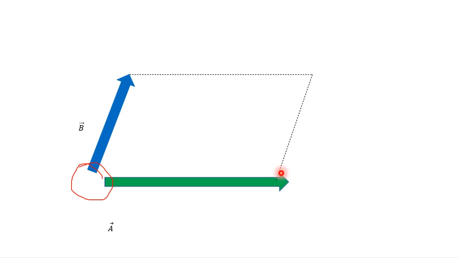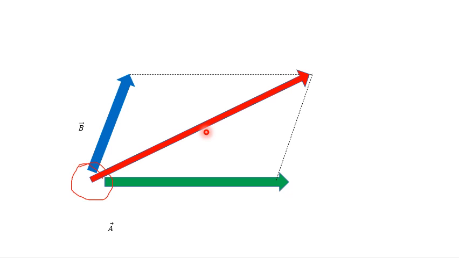So if two vectors represent the two sides of the parallelogram, then the diagonal of the parallelogram will represent the resultant of the two vectors. Note that the diagonal is drawn from that common point. In this case, all of them have the common tail.